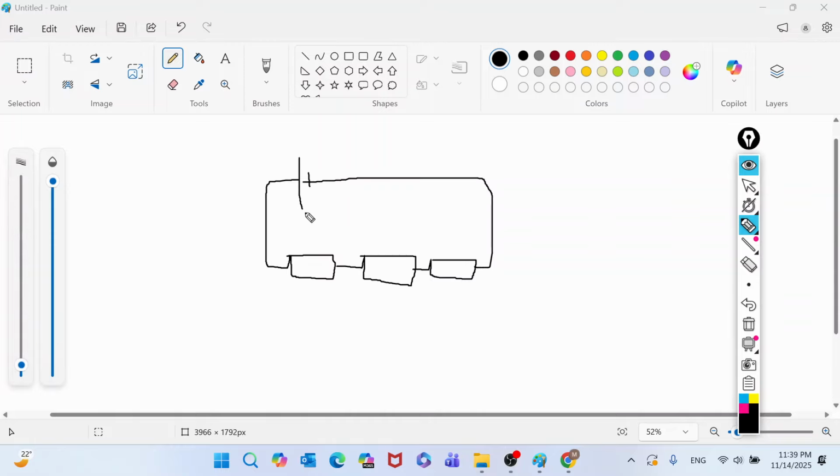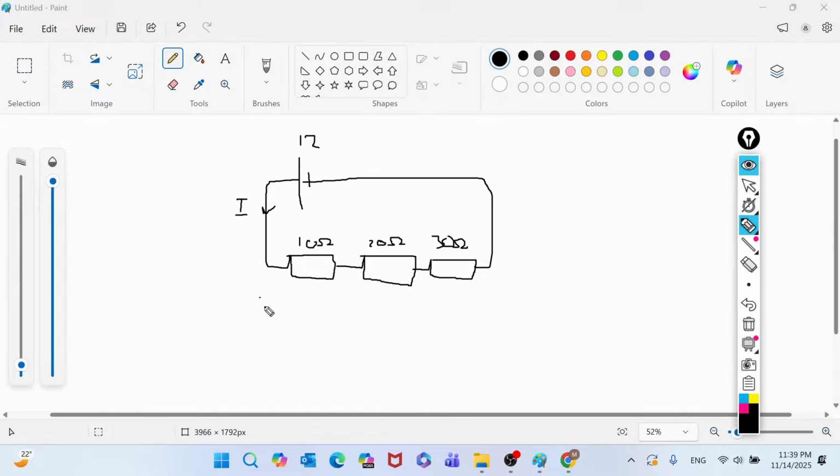This one, let's say 10 ohms, this one, let's say 20 ohms, this one, let's say 30 ohms, and the voltage here is 12, and there's a current going. How do you find the voltage at each one of them?